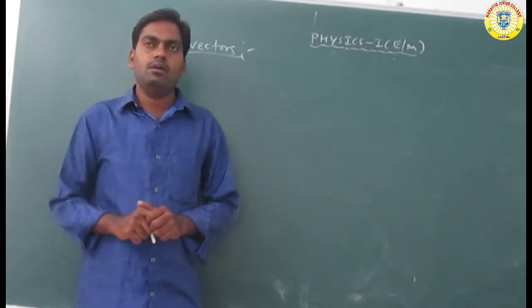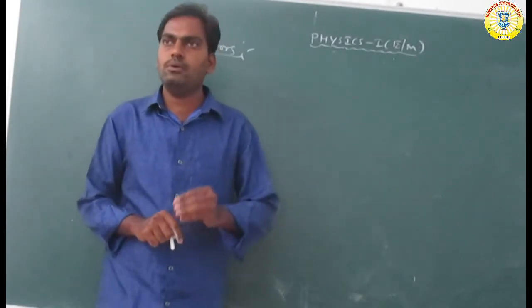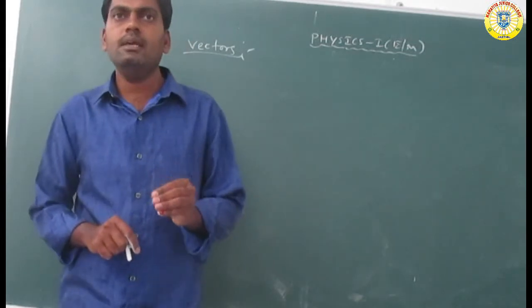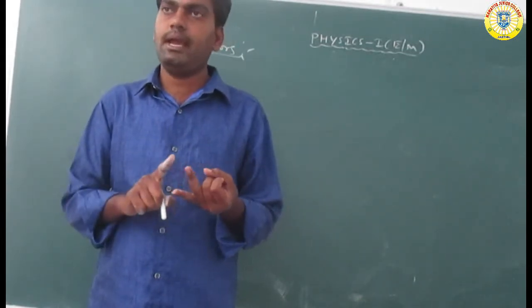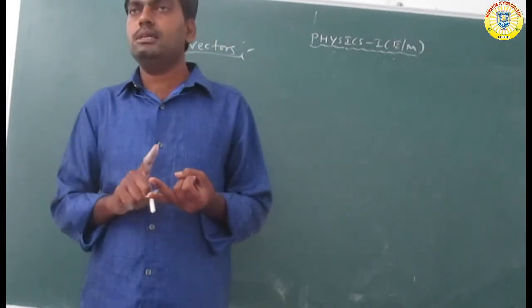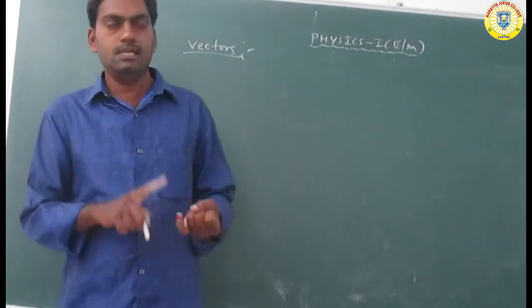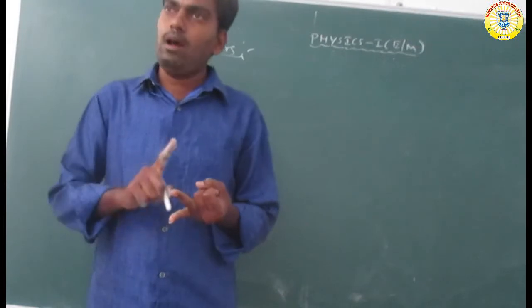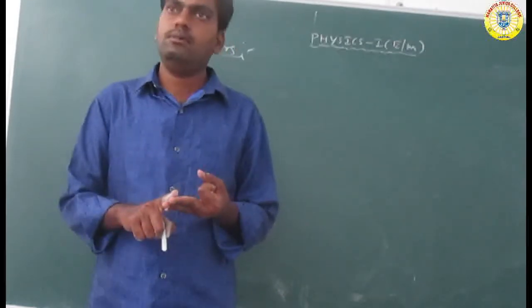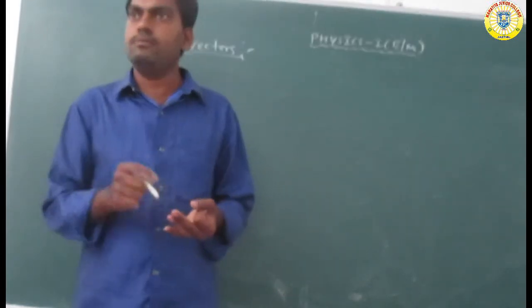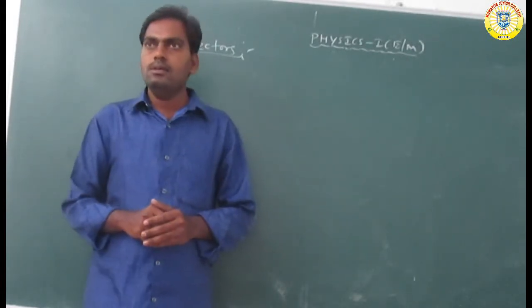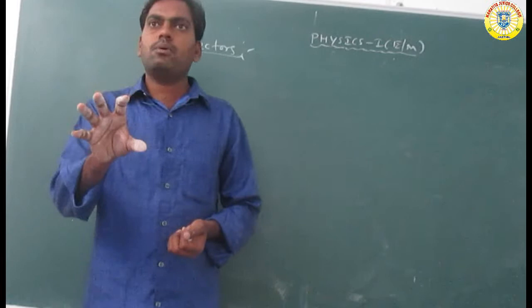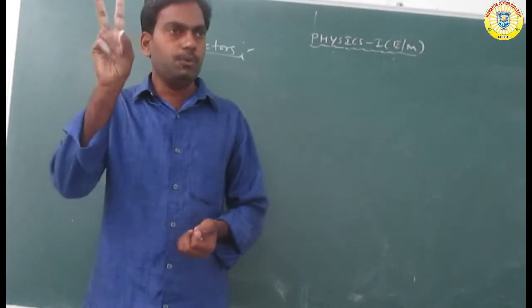Got it? What is the meaning of vectors? A vector is a physical quantity which has both magnitude and direction. Displacement, velocity and acceleration are called vectors. So the physical quantities are divided into two parts.